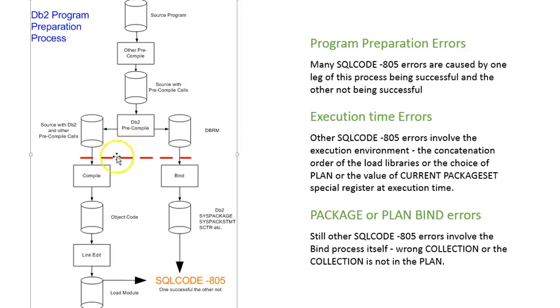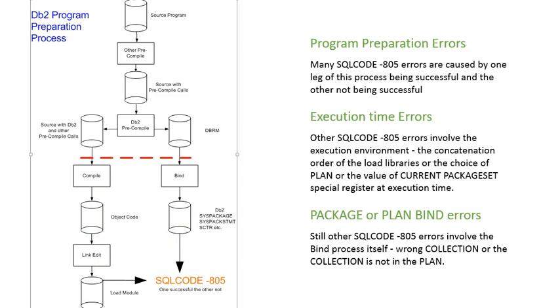Some causes for that SQLCODE -805. Many SQLCODE -805 errors are caused by one leg of the process below the red line, either the compile and link edit being successful and the bind not successful, or the bind successful and the compile and link edit not successful.